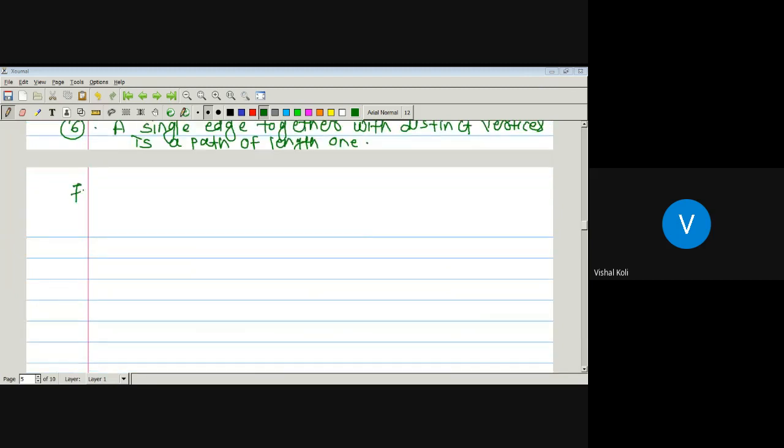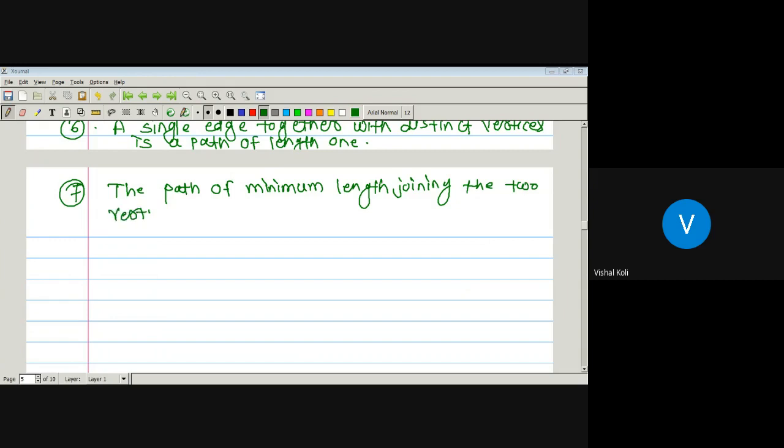And lastly, the path of minimum length joining two vertices is called a shortest path joining these two vertices.